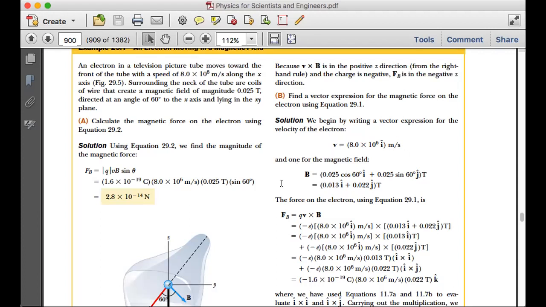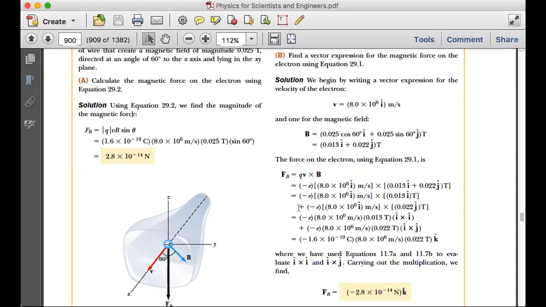And the force F_B is q v cross B, where q is minus e. So minus e times the velocity of the electron cross the magnetic field.